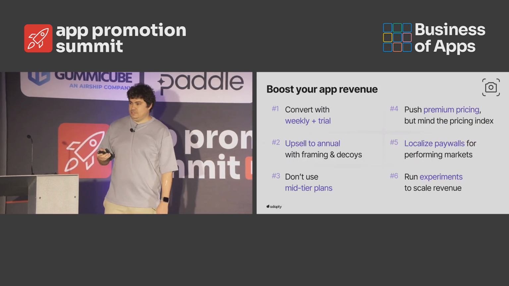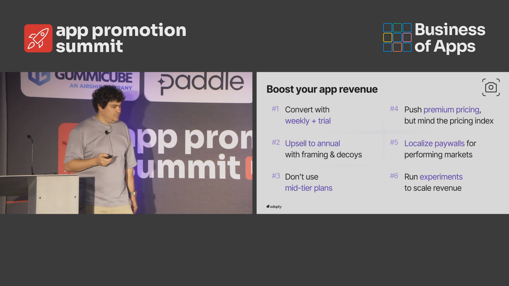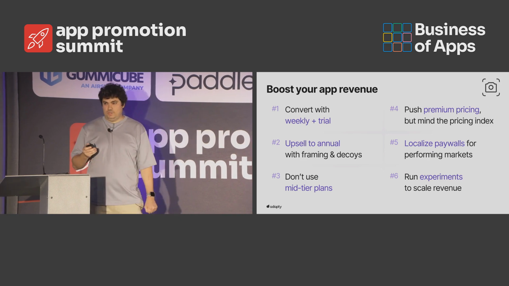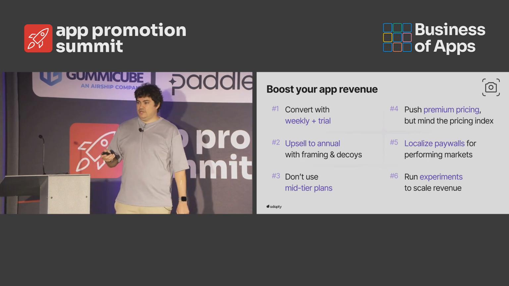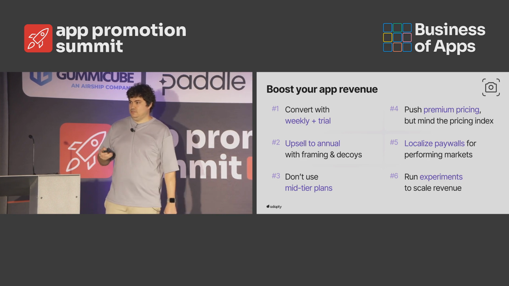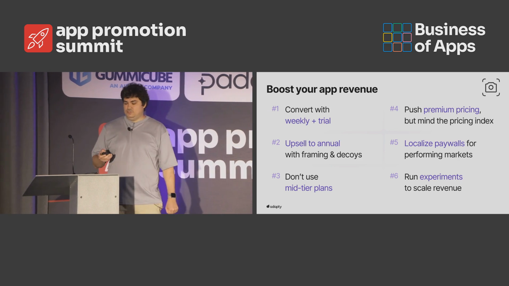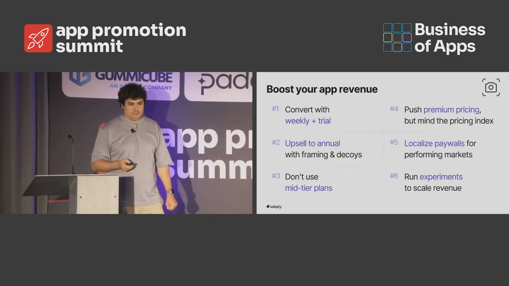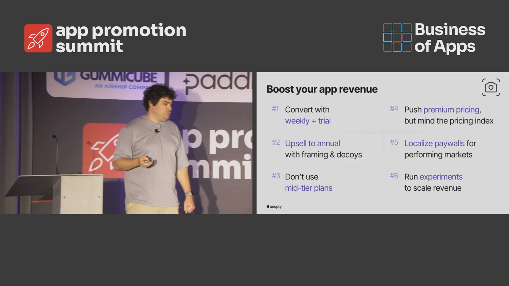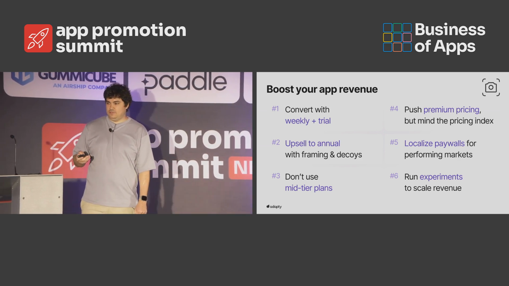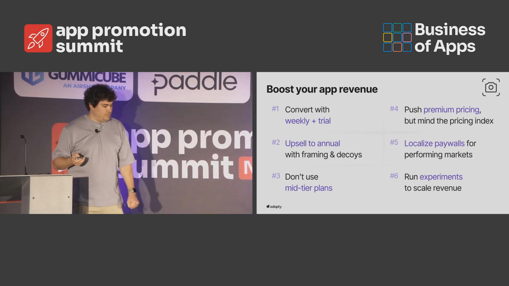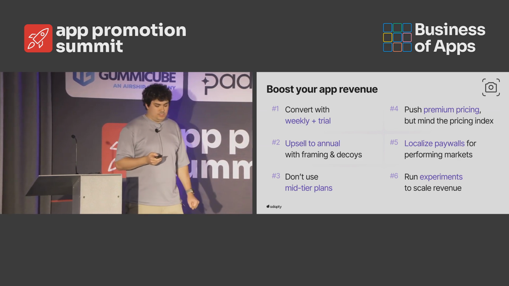To summarize everything I was talking about today, first, make sure to use weekly subscriptions with trials to easily onboard paying customers into your application. And then once you see product traction, once you see the customers who stick to your application, make sure to upsell them to annual plans and longer subscription plans.